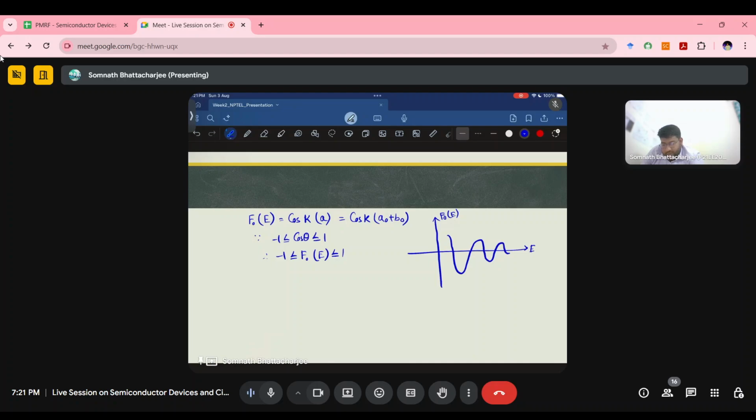If this is the value of 1 and this is the value of -1, whenever the data is in between this, the value of energy is permitted, and this as well.